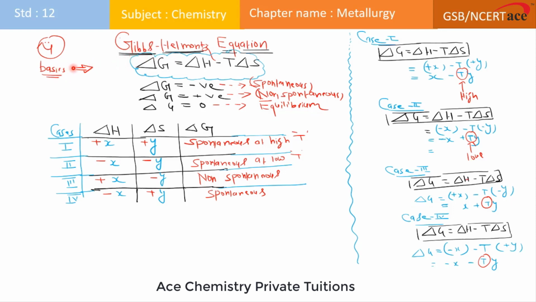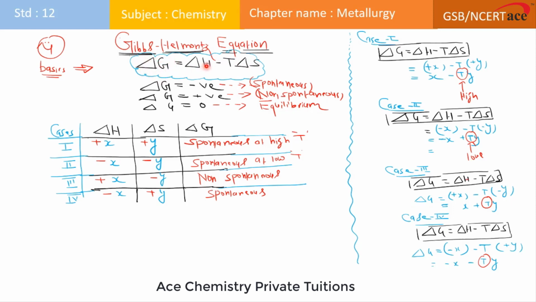Now in basic science, there is a term that we have used, that is delta G, which is called Gibbs free energy. This delta G can be calculated by this equation, which is referred to as the Gibbs-Helmholtz equation. So this is the way that we can represent the Gibbs-Helmholtz equation: delta G is equal to delta H minus T delta S. Here delta G is referred to as what?